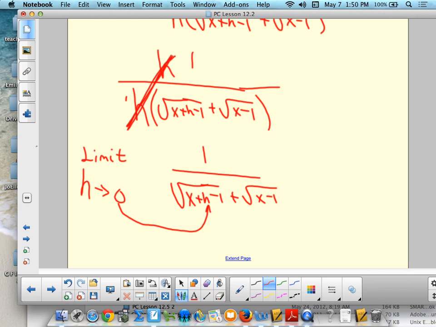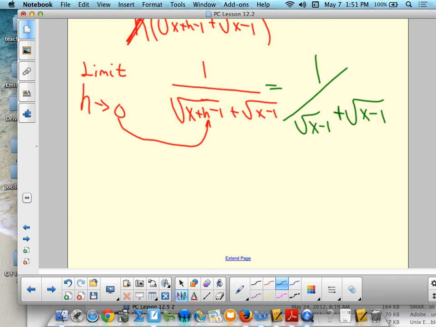If you did that, you'd get 1 over the square root of x minus 1 plus the square root of x minus 1. You're not getting a number. You're not getting 8 or 2. You're getting an expression. This expression will give you the answer if you knew what x was. You don't know what x is, so you're done.